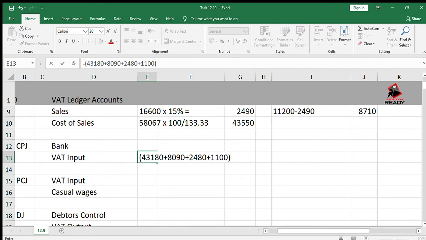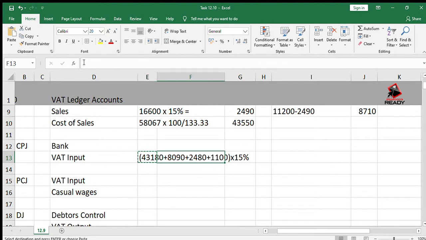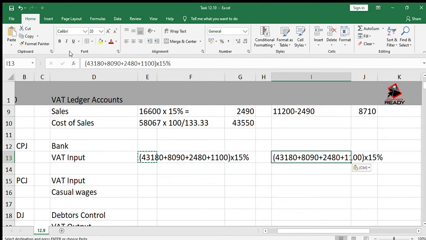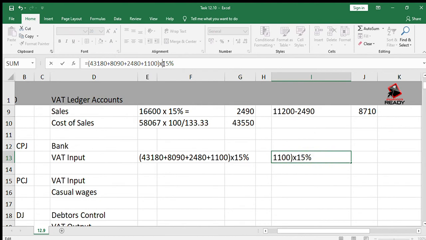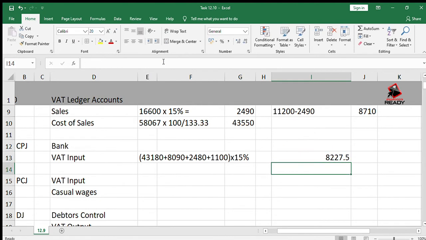Once you've got that, all of those figures exclude VAT, so you're just going to multiply it by 15% to get the answer. I'm just going to round that off. So 8,228.